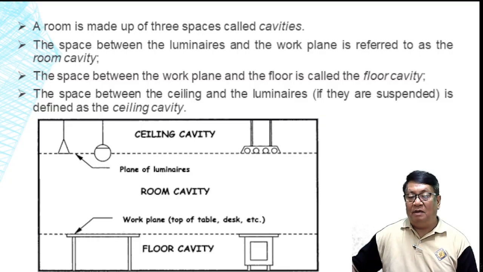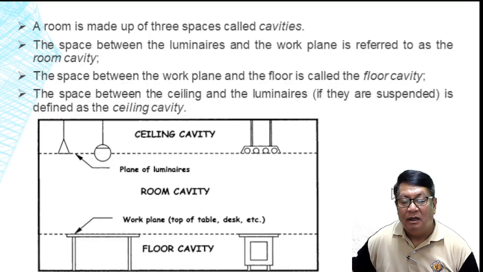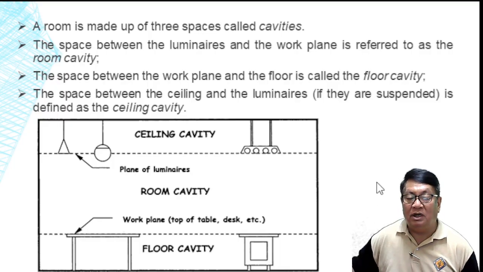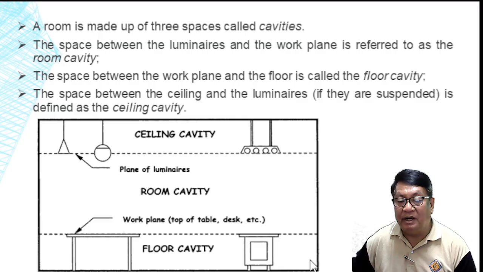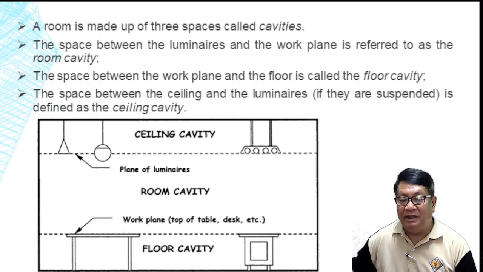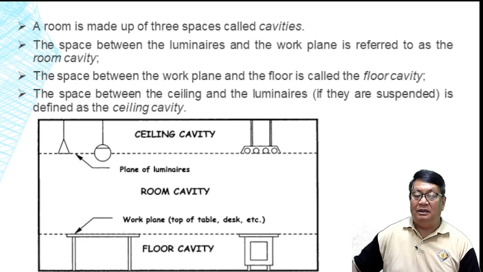So, a room is made up of, okay, so we have this high ceiling, no? Okay, so we have the floor cavity, so on and so forth. This is just the representation or illustration of these different cavities that we have: ceiling cavity, room cavity, and floor cavity.